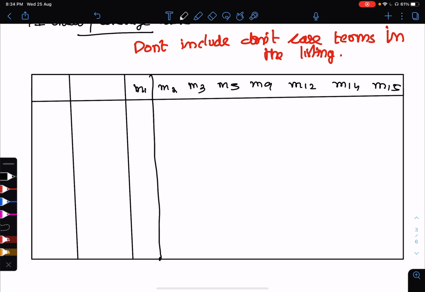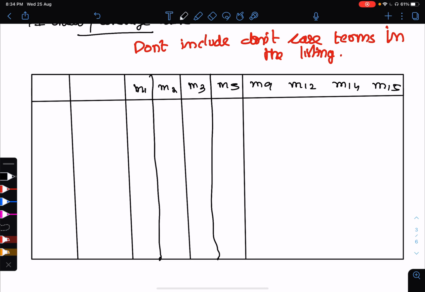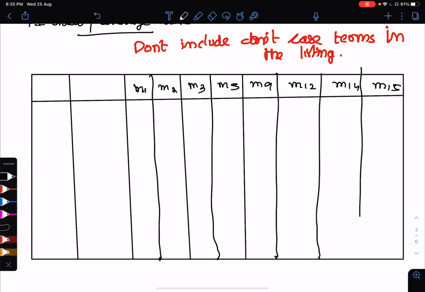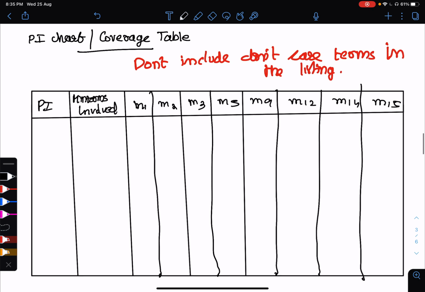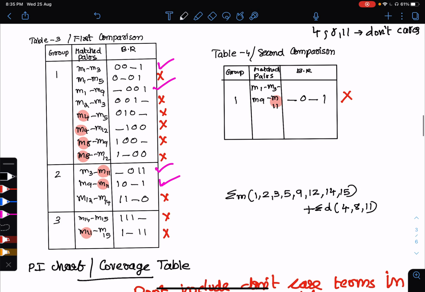Make a group. Okay, so first this is PI, this is the min terms involved. So first check the unchecked ones in the first comparison table.